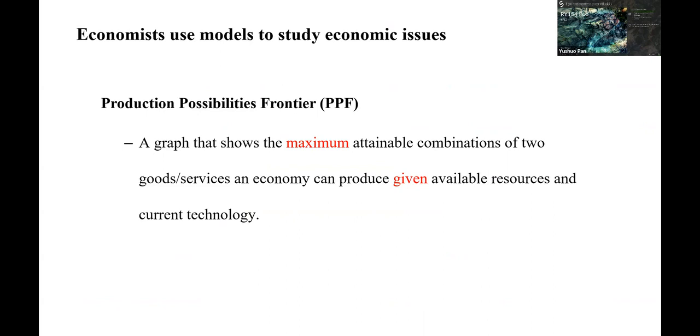I marked the maximum because for PPF, all the points on that curve should be the maximum, the best, all right? And also with the given resources, you can get the best option, that's the PPF.